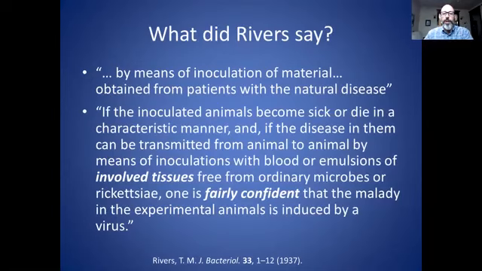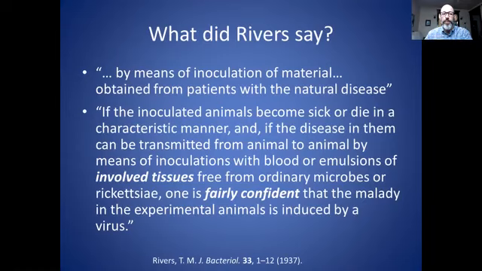He also said something very important about how you prove the criterion where you put the isolated virus into a healthy person and cause the same disease. And what he said is, by means of inoculation of material obtained from patients with the natural disease. Okay, so not something made in a laboratory, but from another patient with the natural disease.